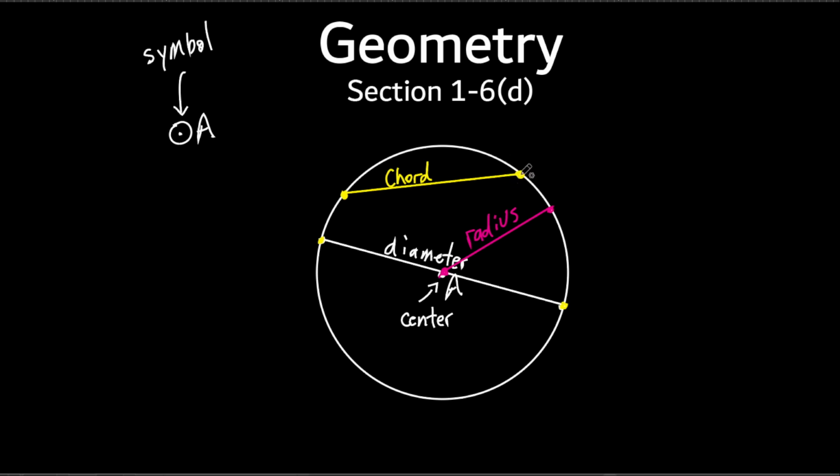Now what we're going to do is get to what Wayne asked about. What if I put a point here and a point here, and I didn't draw a straight line that connects them, but what if I went along the circle? It's a little wiggly, but you get the idea.